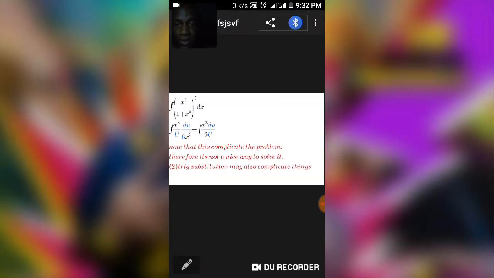Of course, this integral is just an expanded form of this one here. We just split this x to the power 8 into x to the power 5 and x to the power 3.